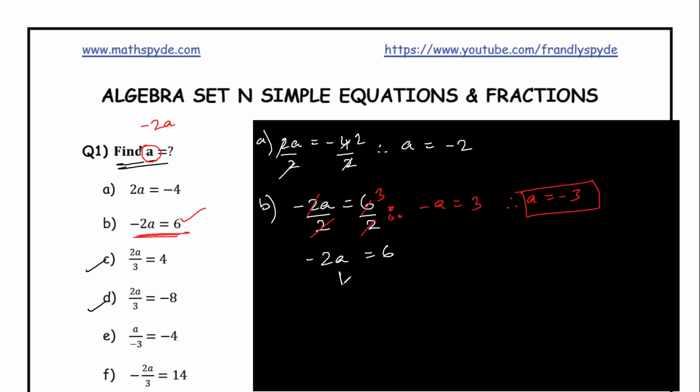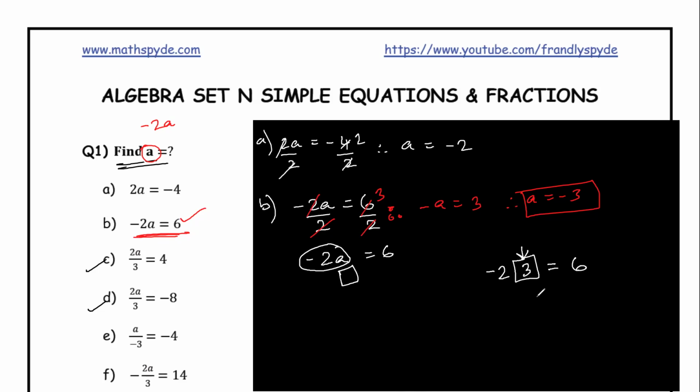What should be the value of A such that this whole product becomes 6? We already know the answer is -3, but in your head, if -2 is given to you, then a box is given to you, and this is the fill in the box question, let's say, and the outcome is 6.